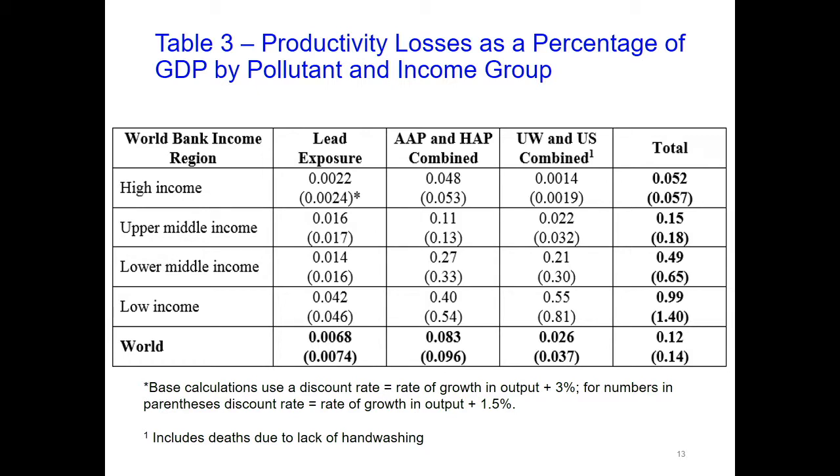If you look at the low income row and the total column, you can see that the productivity losses here are between 1 and 1.5% of GDP in low income countries. I mean, that's not a small amount, 1% of GDP or 1.5% of GDP.